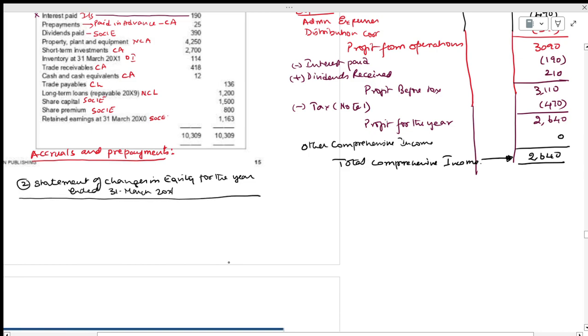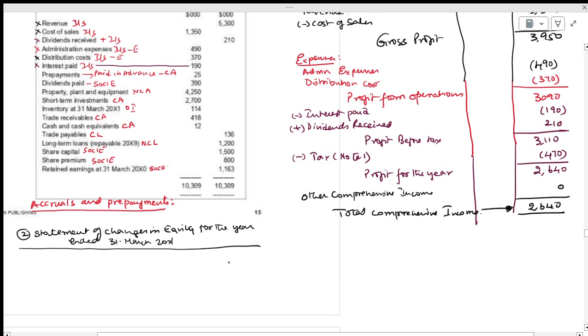See, there has to be understanding. Now, if you go through the things, what is there? You have share capital, share premium, retained earnings. You don't have revaluation surplus. Is revaluation surplus there in the question? No, it is not there. When there is no revaluation surplus, don't make a column for that.